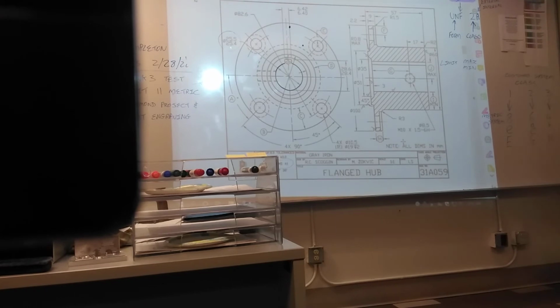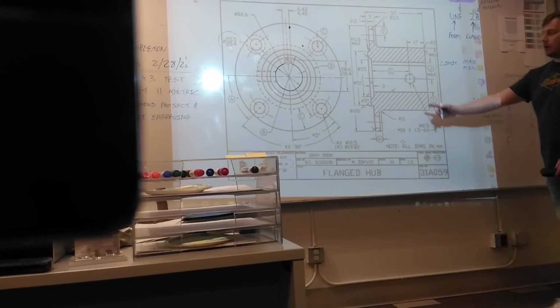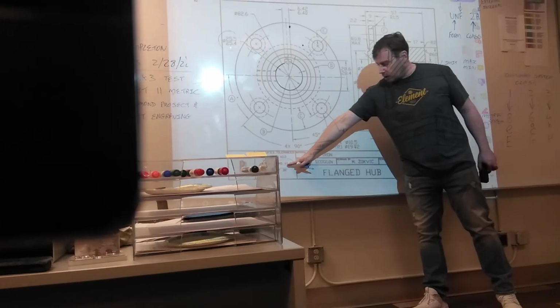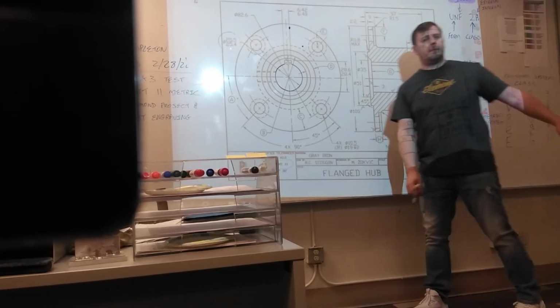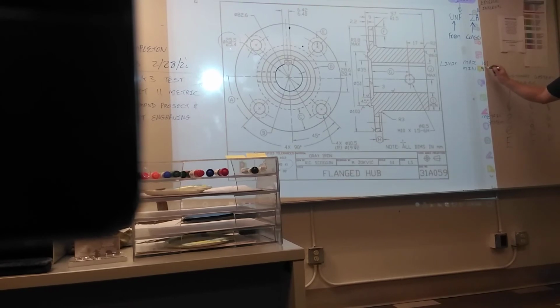You always write the maximum at the top, the minimum underneath. So we're going to take the 100 and the tolerance of plus or minus 1. So 100 plus 1 is 101. 100 minus 1, 99.